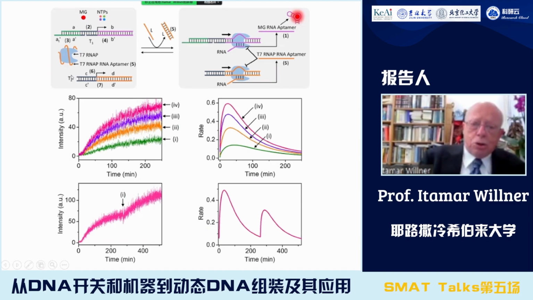The transcription of the lower template generates the RNA polymerase aptamer. The aptamer generated by this transcription scaffold inhibits RNA polymerase, so we have basically a regulator of the RNA polymerase.